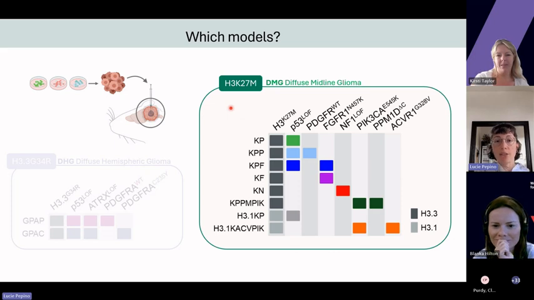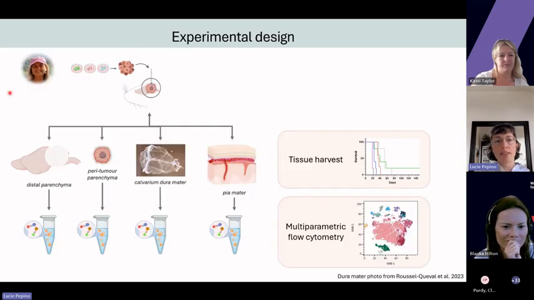So how did I do that? For my experimental design, I did it with the help of the research assistant of the lab, Carmo, especially for cell culture. So we implanted the different cell lines in our immunocompetent mice, as you can imagine, because we're studying the immune system. And then I harvested different tissue at a specific time point based on the survival data that was obtained by Michael and Antonella before I joined the lab.